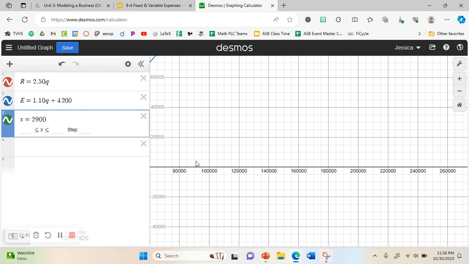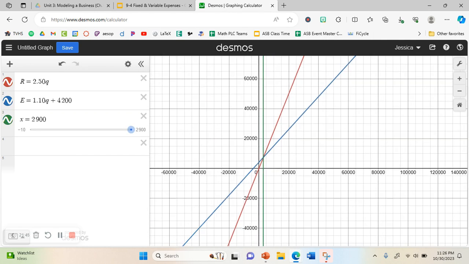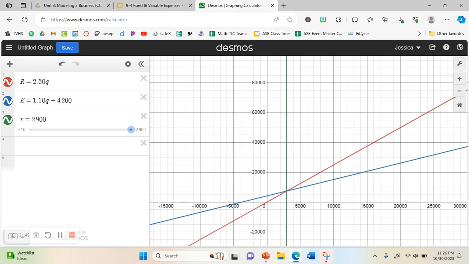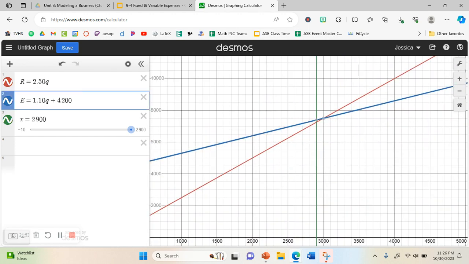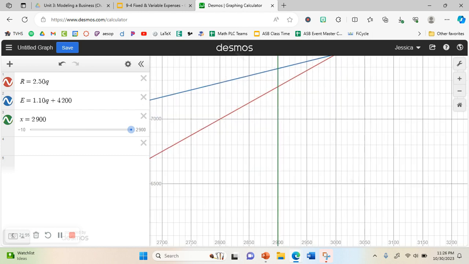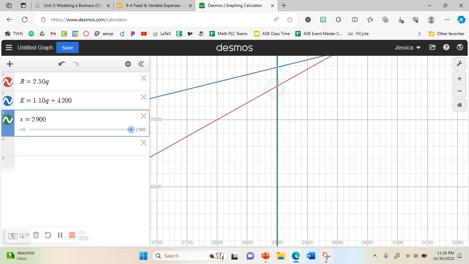So we'll just write X. Even though it's on the x-axis, here we can zoom in and figure out what the revenue is when X is 2,900. When the quantity is 2,900, we can see on our red graph that the revenue is 7,250.